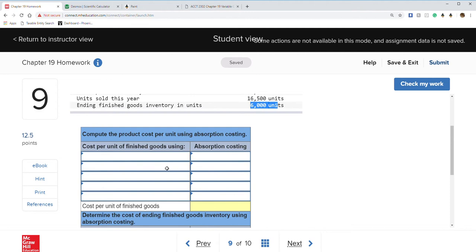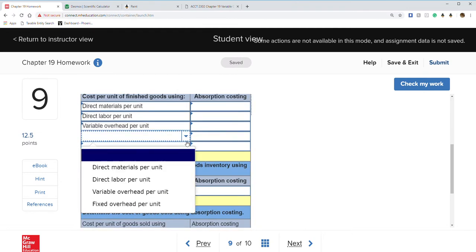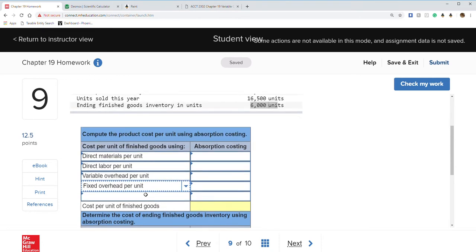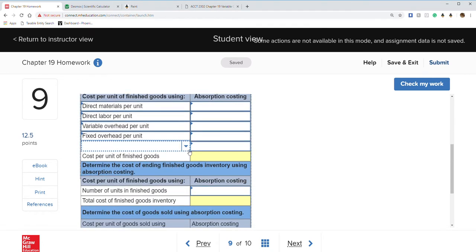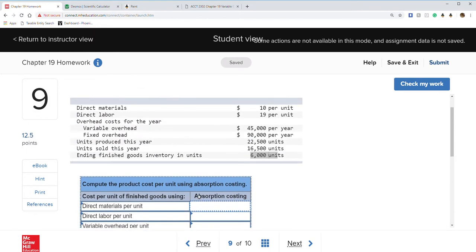So first off, it wants to know cost per unit of finished goods using absorption method. Well, we know that includes everything, variable and fixed. Again, I don't know why they have this fifth blank when there's only 4 things, but they do. So again, this is per unit basis.